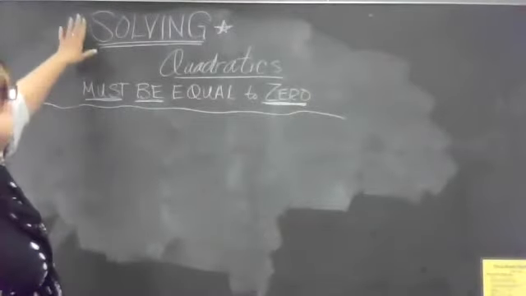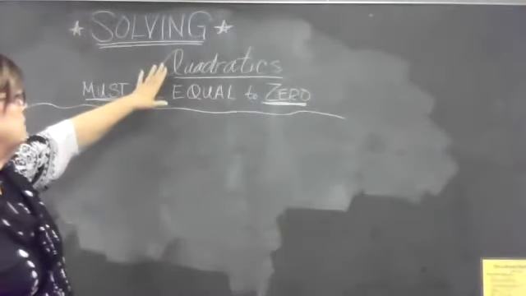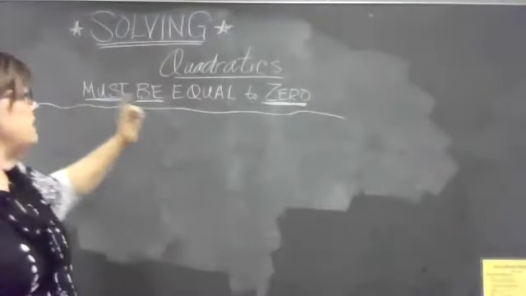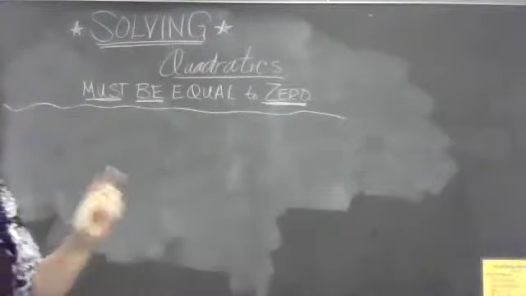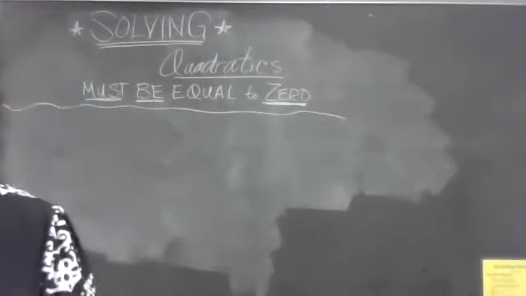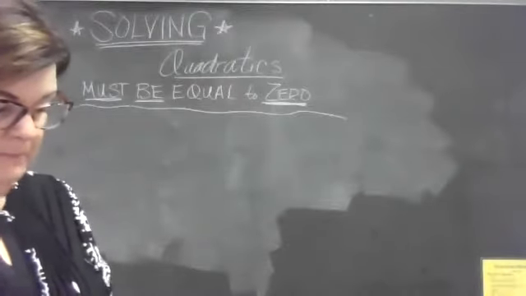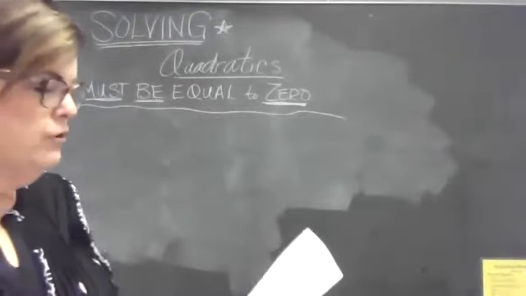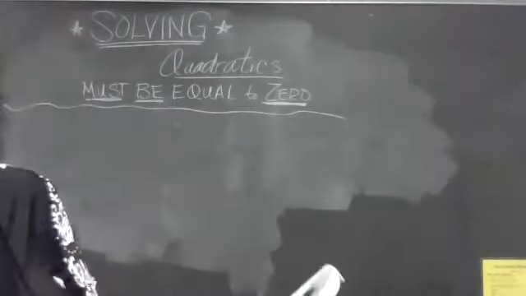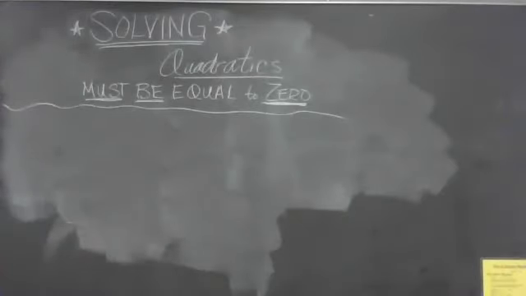So before we solve a quadratic, we must make it equal to 0. It must be equal to 0 before we can solve it. So let's look at another one, and then I'll work one or two off of your homework.